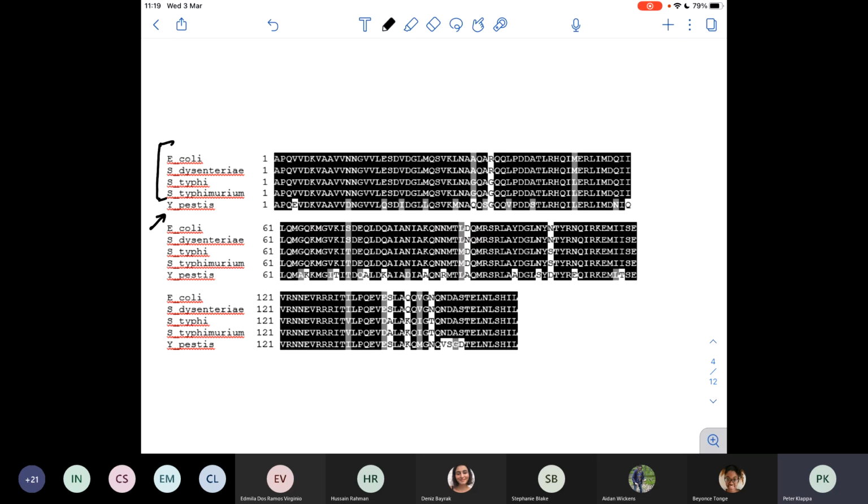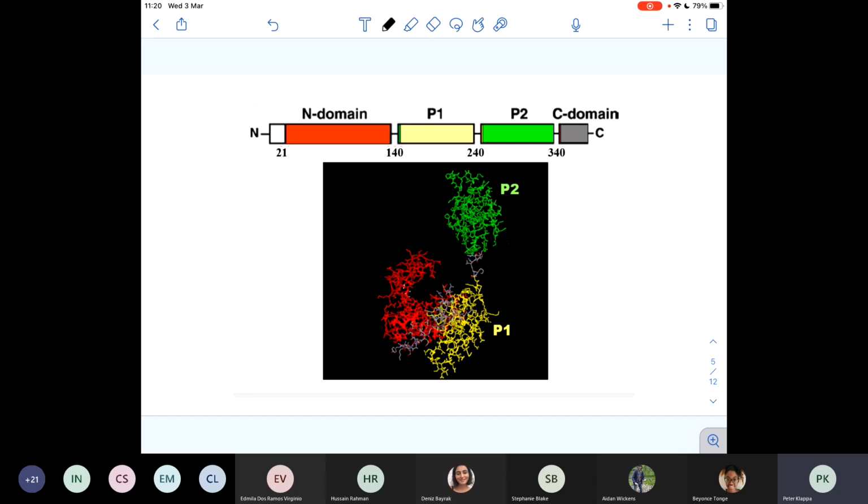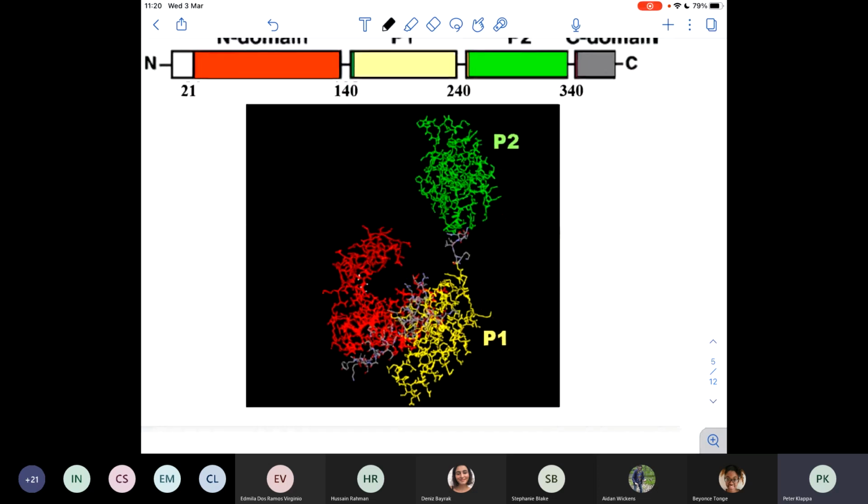If you include less similar proteins, you can figure out where the binding site might be, because in the substrate binding site, in the active site, you still have the same amino acids. And ideally, what you end up with is a model of the enzyme that you are interested in.